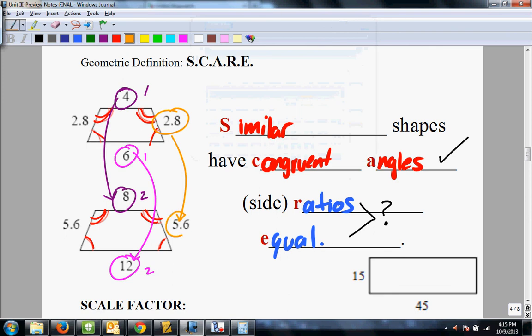So we have a 1 to 2 ratio each and every time. So we would say these two shapes here are similar. They have the same shape but a different size.